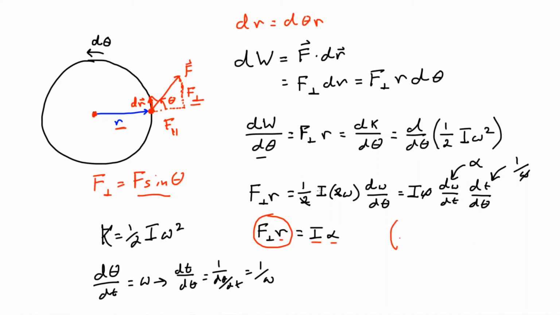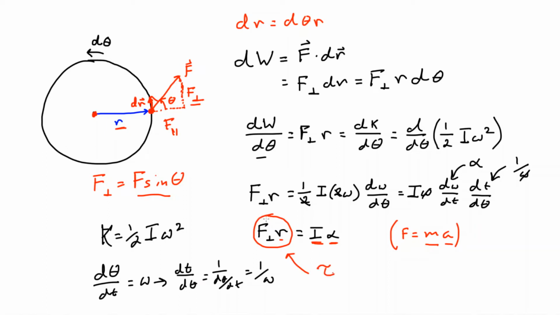Well, this looks kind of like F equals ma, right? I is the rotational equivalent of m, and alpha is the rotational equivalent of a. So this F perpendicular times R must be the rotational equivalent of F. We call this quantity, F perpendicular times R, the torque.